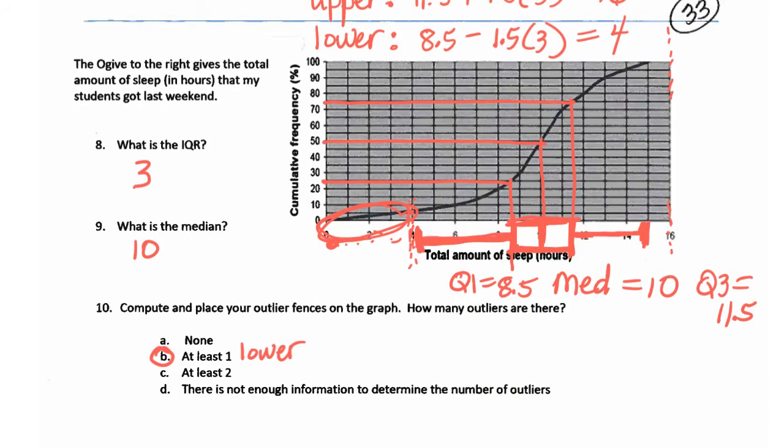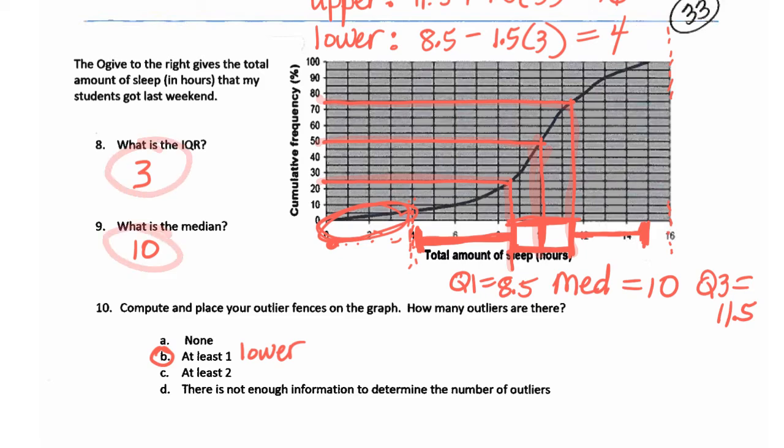Okay, so we'll go ahead and take a look at what you had put there. I identified Q1 there at 8.5, the median at 10, and then the Q3 at 11.5. So therefore my IQR is 3, median 10.